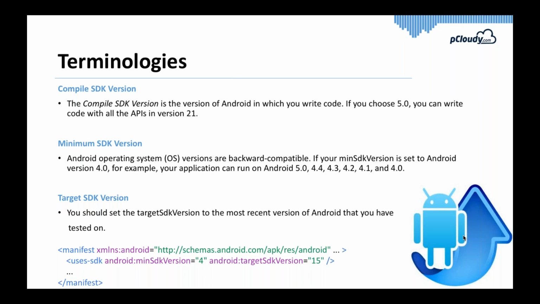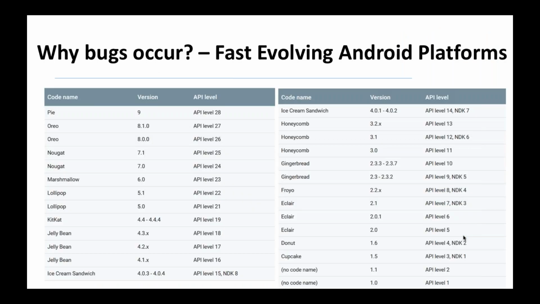Now, with this terminology context in place, we have reached a point where we can start discussing why bugs occur in the case of Android, and the same kind of concept applies for iOS as well, but we're talking about Android here for examples. So one of the reasons, and we talked about it earlier also, is the fast evolving Android platforms.